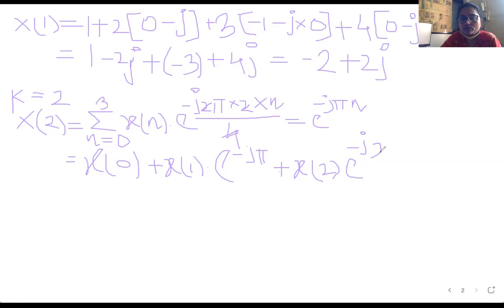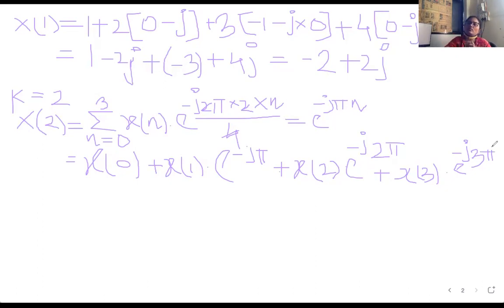So this is e raised to minus j 2 pi, right? Plus the next value, n equal to 3: x of 3 multiplied by e raised to minus j pi n. This is going to be 3 pi because the value of n is 3.